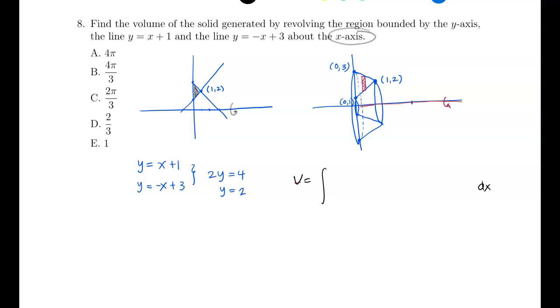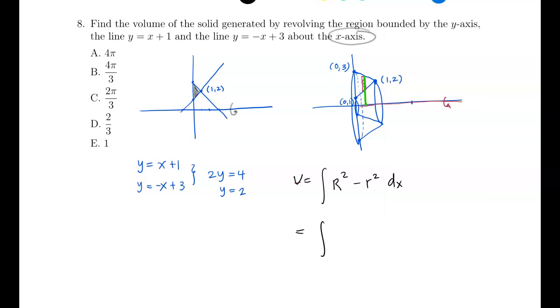So top minus bottom. When you say top, you look at the outer radius. So it's outer radius squared minus inner radius squared. We expect this to be with respect to x, from that point to this point. That's the outer radius.